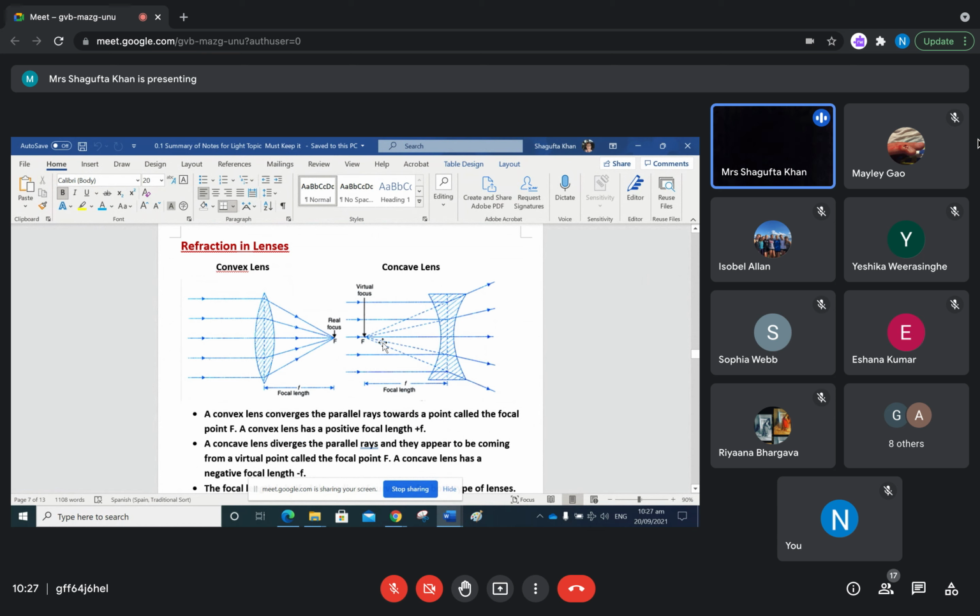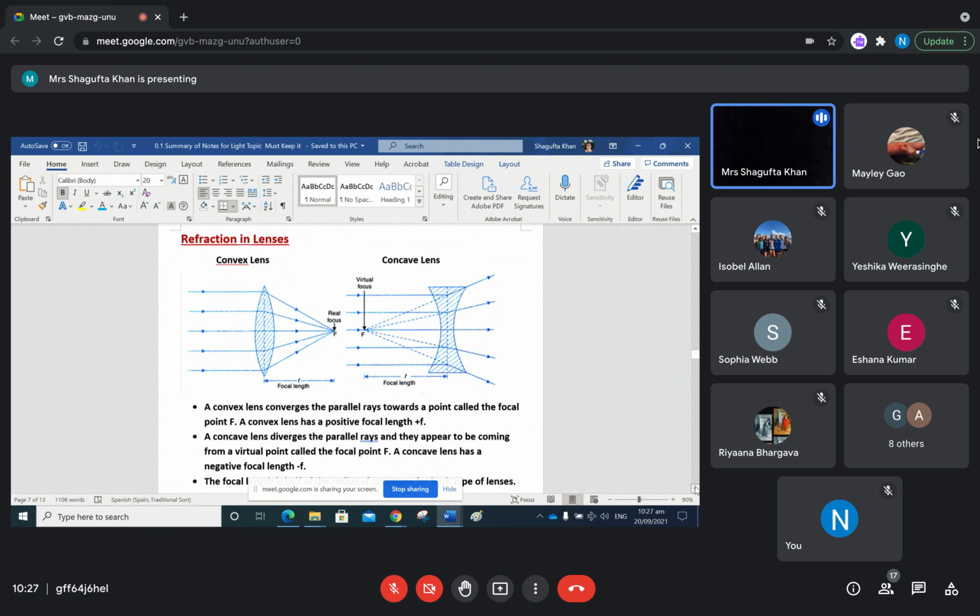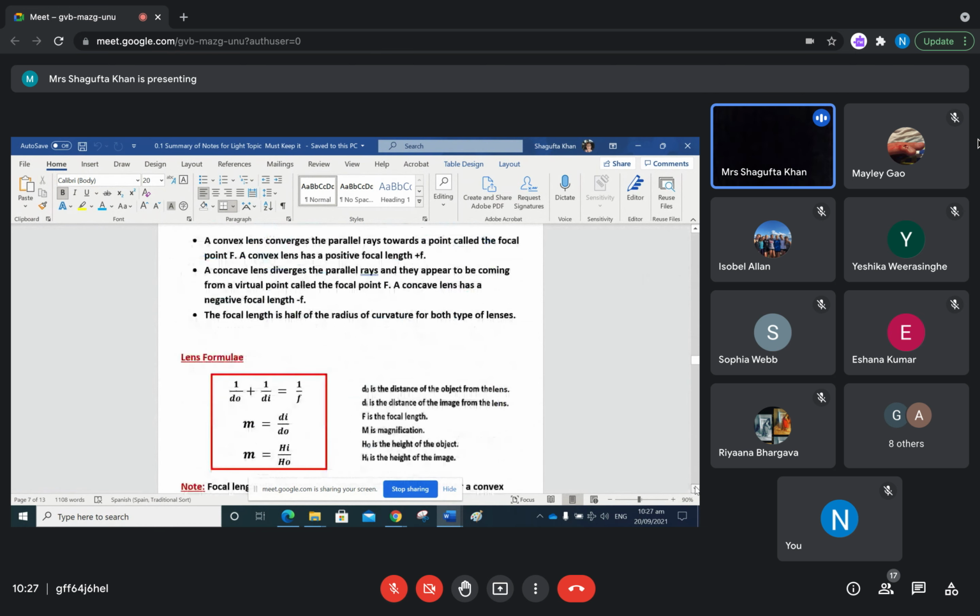These dotted lines show that it only appears as if they're coming from here. So this is the virtual focal point. And from here to there is the focal length, which is negative for a concave lens and positive for a convex lens. Again, you will be asked to draw ray diagrams for lenses.